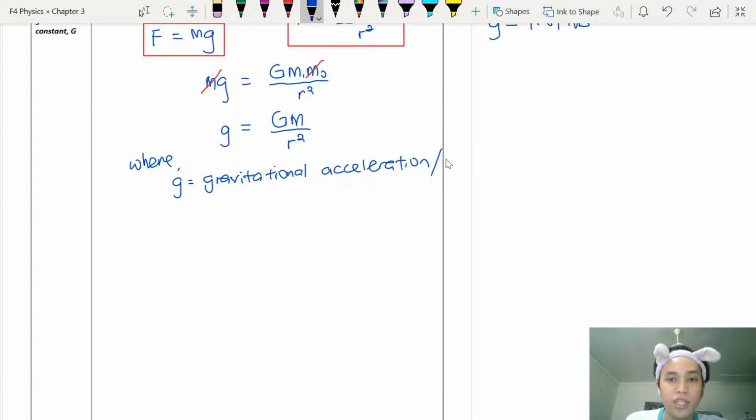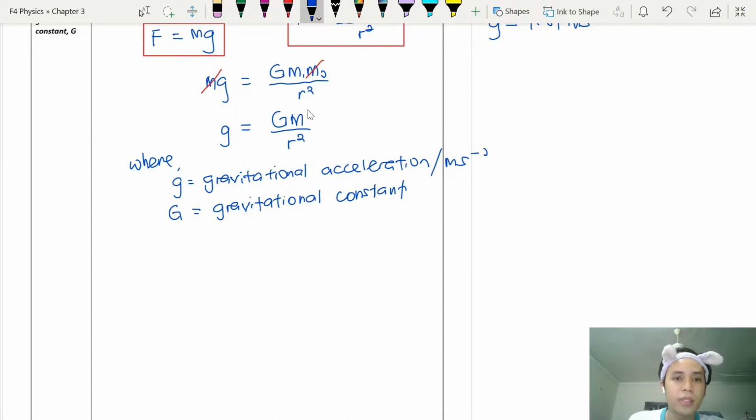Remember your unit, meters per second squared. Then your capital G is your gravitational constant. The value is fixed, it will always be 6.67 times 10 to the power of -11. Then m will be the mass of the object, and this one must be in kg.